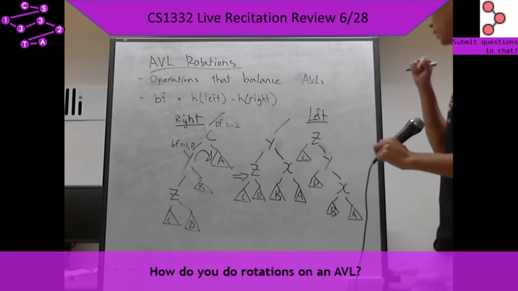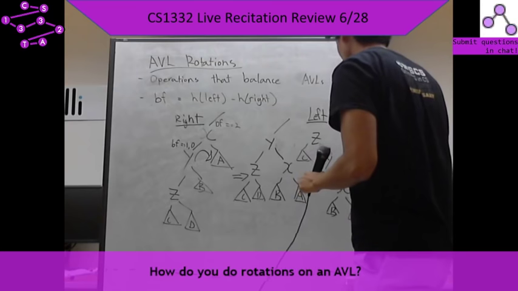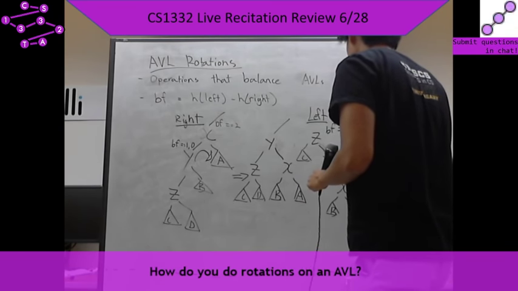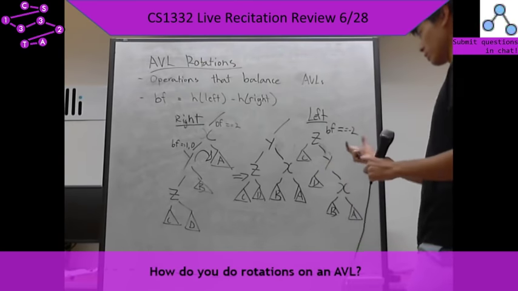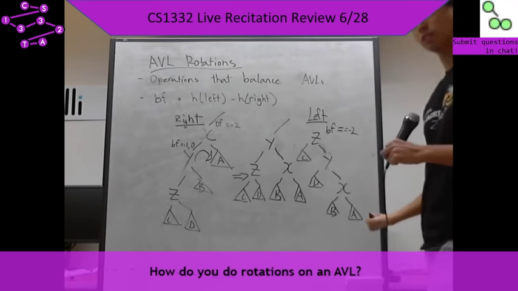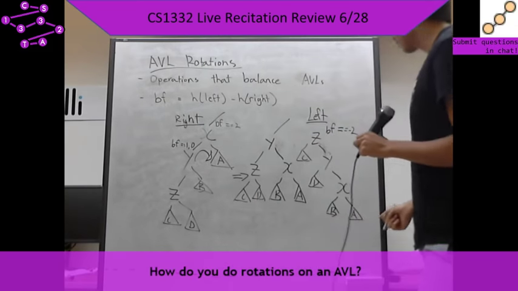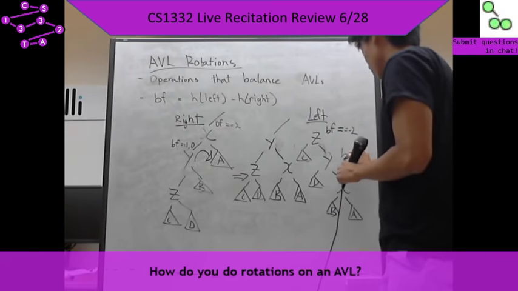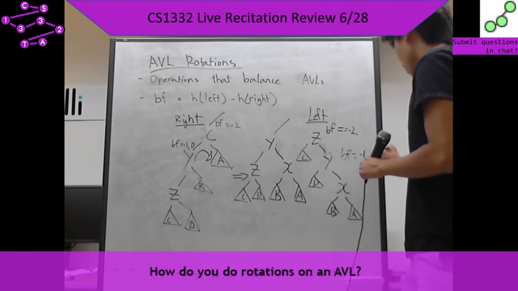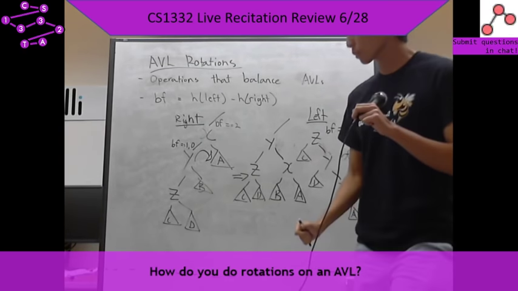When the balance factor of the unbalanced node is equal to -2, which means that it's right unbalanced, and its right child is also right heavy. So the right child has a balance factor of -1 or 0.